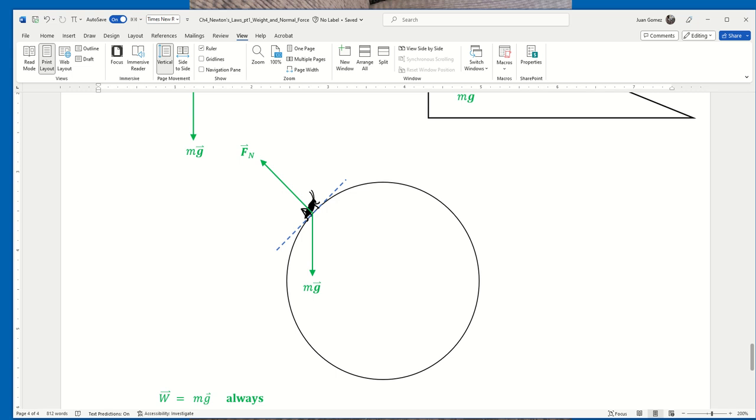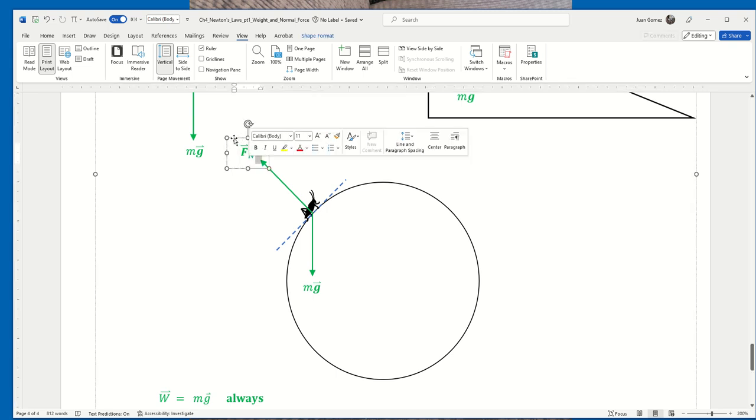The bowling ball pushes on the bug with this normal force Fn. If you look carefully, the normal force Fn is clearly perpendicular to the tangent line to the bowling ball at that point, meaning Fn is perpendicular to the bowling ball where the ball and bug touch each other.